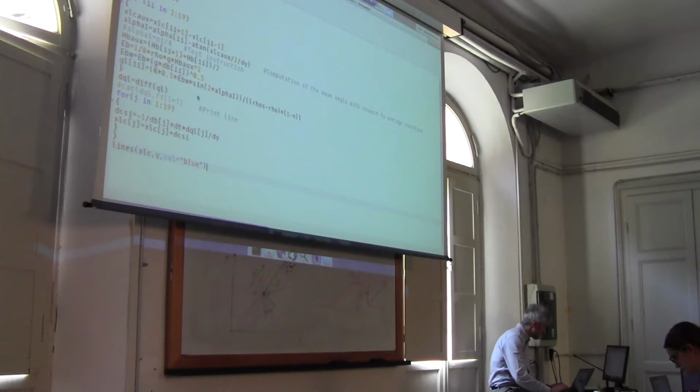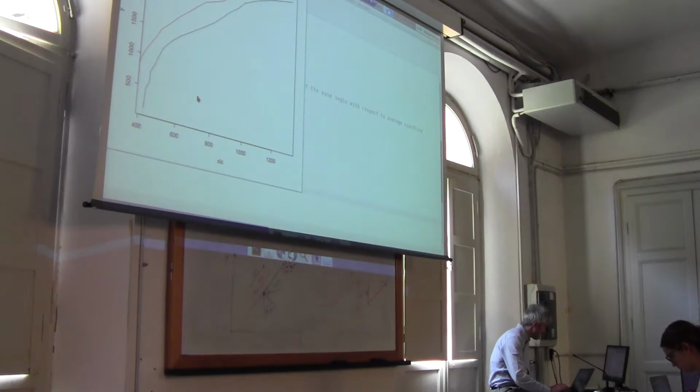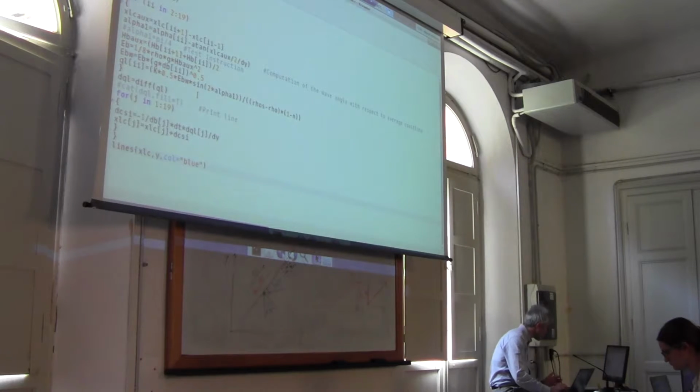It should work. Let me look at the graph here. Yeah, it should work. I think I removed all the comments, so I think that we can try. Let's try.